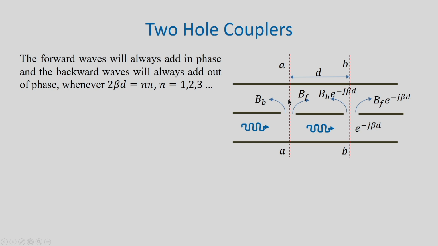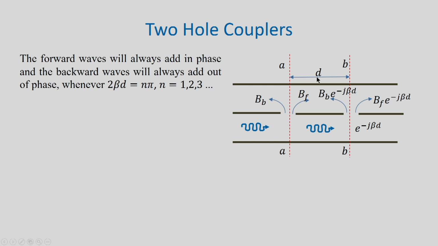So, if we have B_B plus B_B e to the power minus j 2 beta d, and suppose we have 2 beta d is equal to pi for n equal to 1, then we have 2 pi by lambda d is equal to pi, and therefore, d by lambda is equal to 1/4.